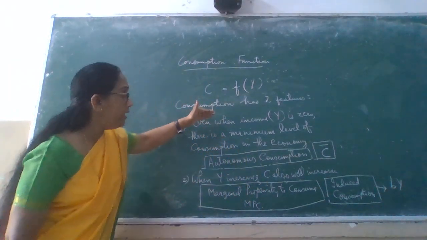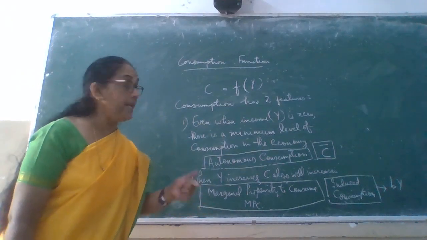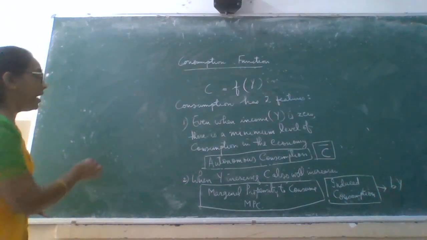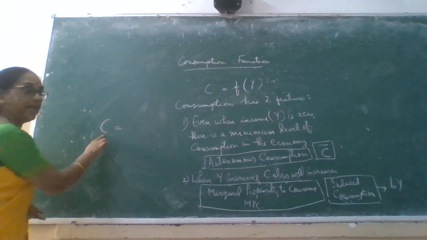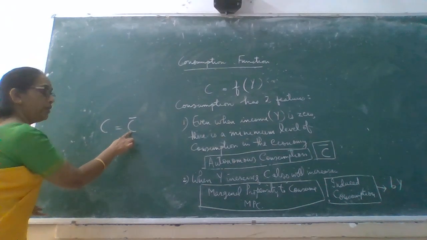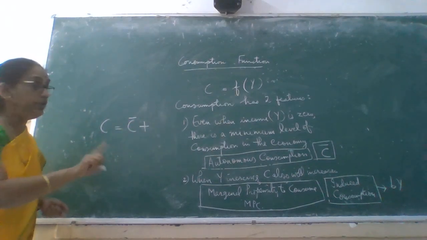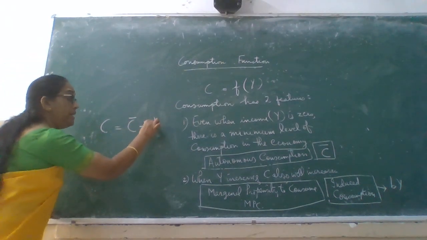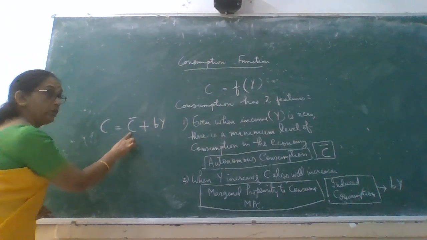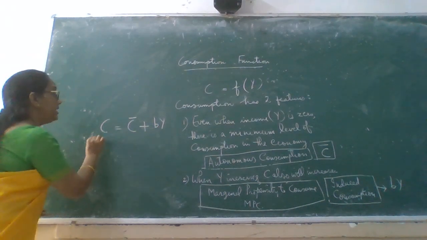Accordingly, by looking into these two features of consumption, we can rewrite the consumption function in this way. C stands for consumption. C equal to C bar plus BY. C bar means autonomous consumption. Induced consumption is denoted by small letter B, Y, where B means MPC and Y means national income.